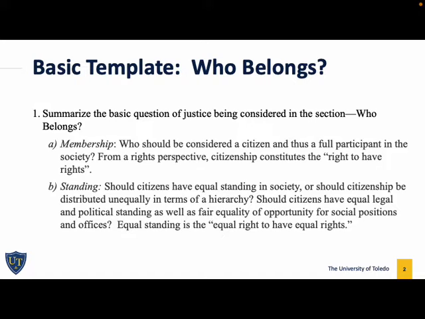But the normative question is, should every person, every citizen have equal standing, or would you argue in terms of unequal standing? So that's the meaning of the question of who belongs.